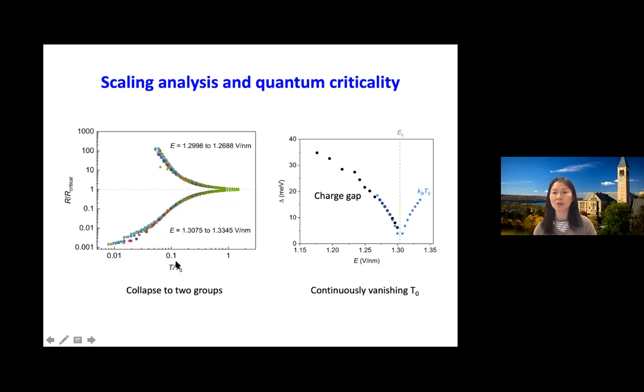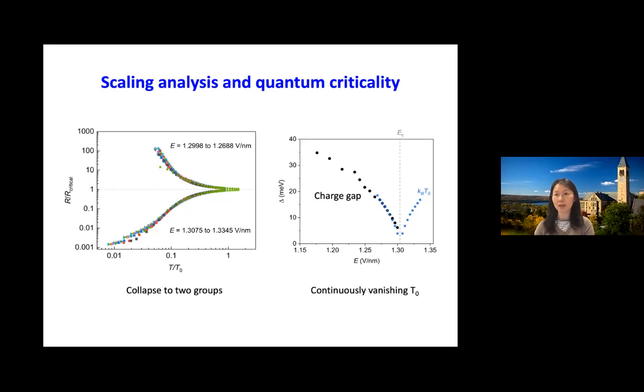This T0 is dependent on the field, and you can see that those two are symmetric. You have a symmetry here. And this plot shows T0. It closes down towards the critical point from both sides.